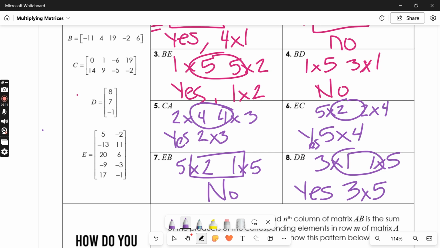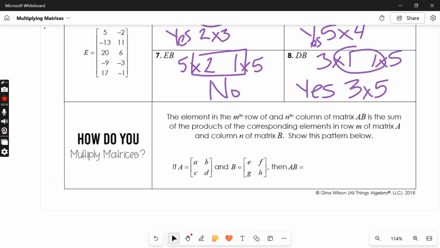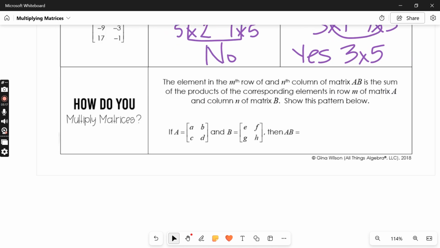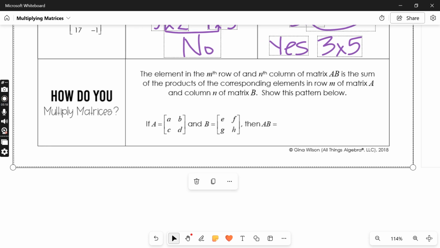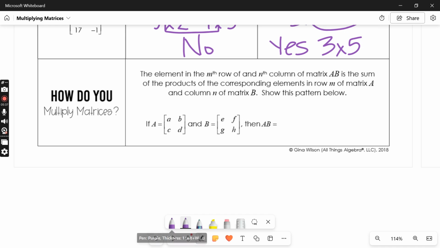All right? Now let's talk about how you actually complete the multiplication when you can. So it says the element in the mth row and the nth column of matrix AB is the sum of the products of the corresponding elements in the row m of matrix A and the column n of B. And it shows this pattern below. So we'll write down a cute little formula for it.